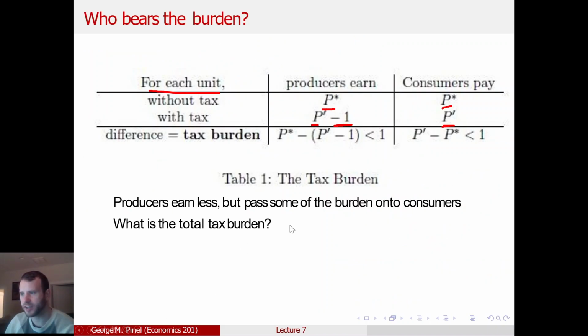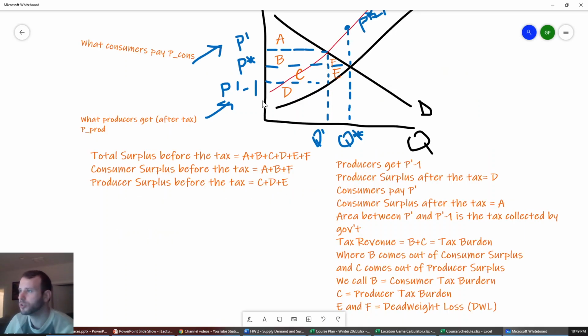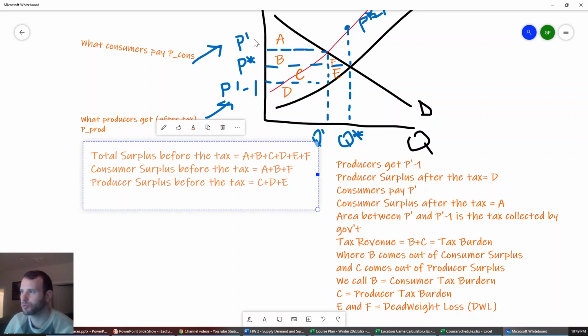So just taking it back to the slide, what is the total tax burden? The tax burden is going to be your tax times your quantity sold. So B plus C. The tax is what? P prime minus P prime minus 1. Let me write that down.